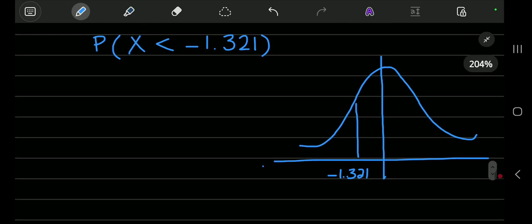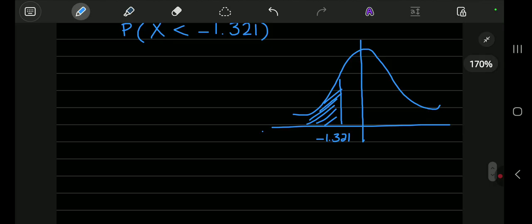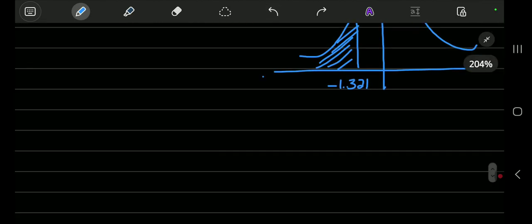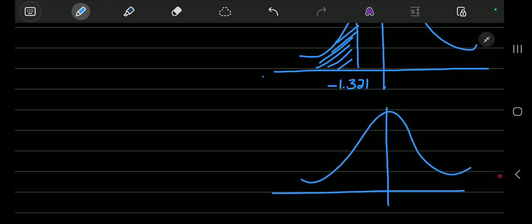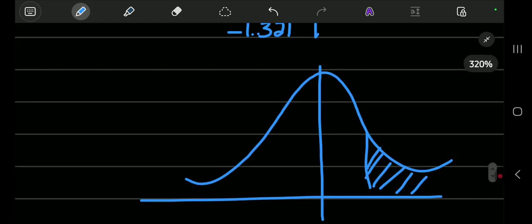This is your z value. X is less than this, so most probably this. And which area do we need? We need this area. If we will be finding the table value, we cannot find it for the negative one, so we need to flip it. So when we flip it, this becomes your area.